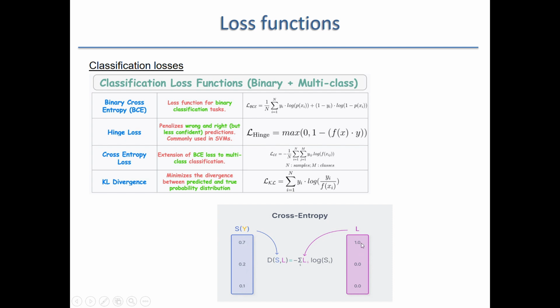Let's say that we have to predict for 3 different locations, for instance, 1, 0, 0. Then our prediction is 0.7, 0.2, 0.1. So we are more confident that it is coming from the first location, but not from the other two. But still, these two we would like to go to 0, and this one we would like to go to 1. And then the calculation is this one.